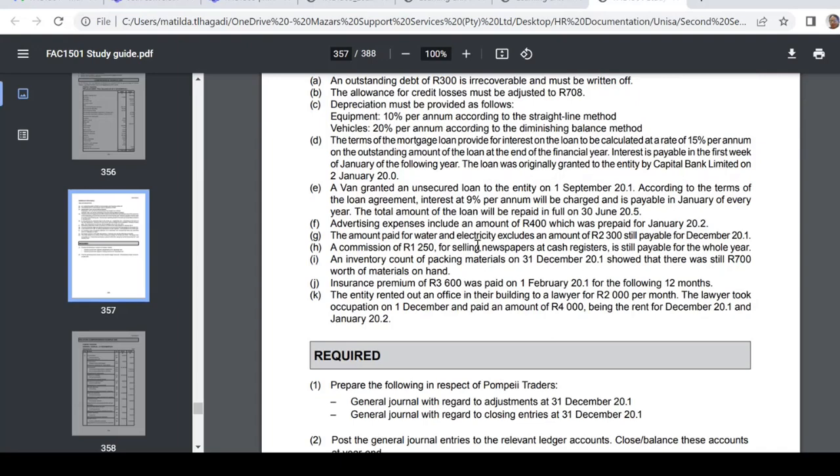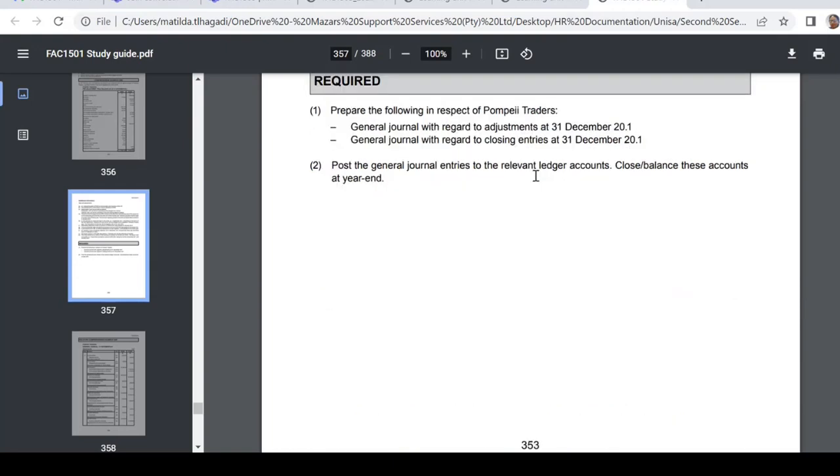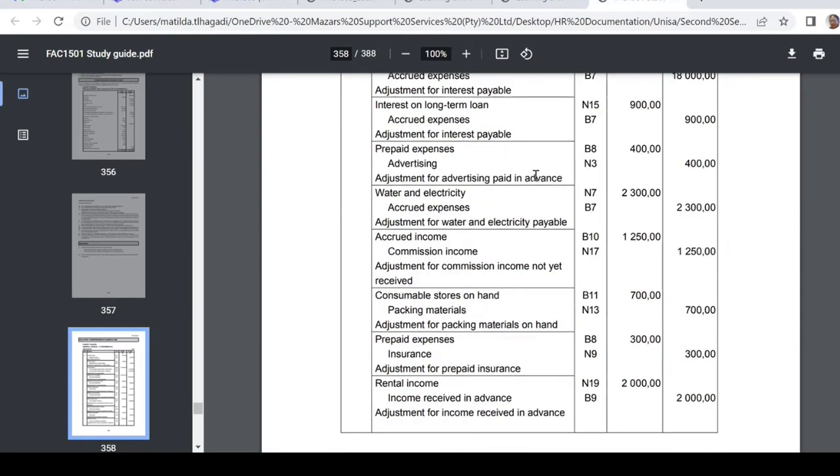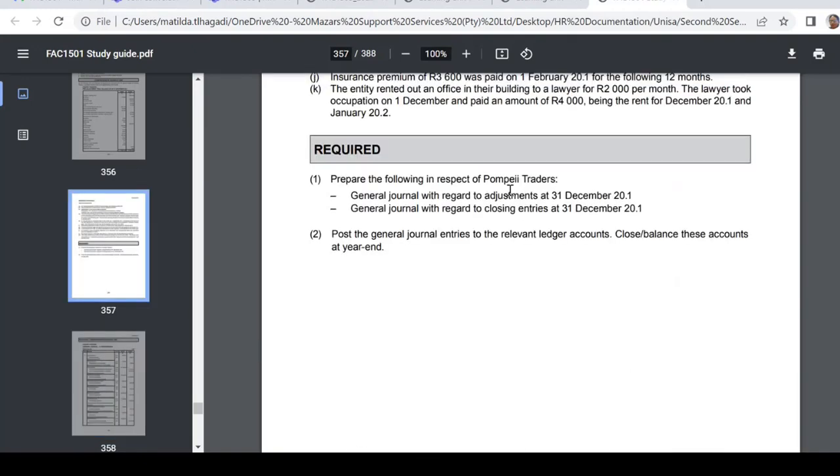Number H, a commission of 1,250 for selling newspapers at cash registers is still receivable for the whole year. So this is accrued income, adjusting for commission income not yet received, yes.